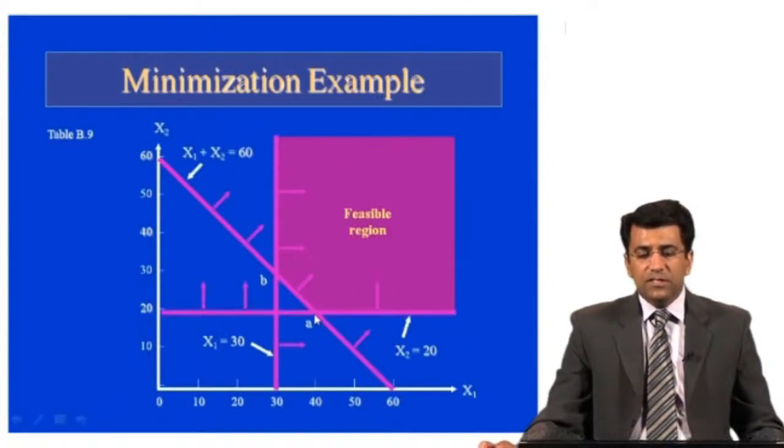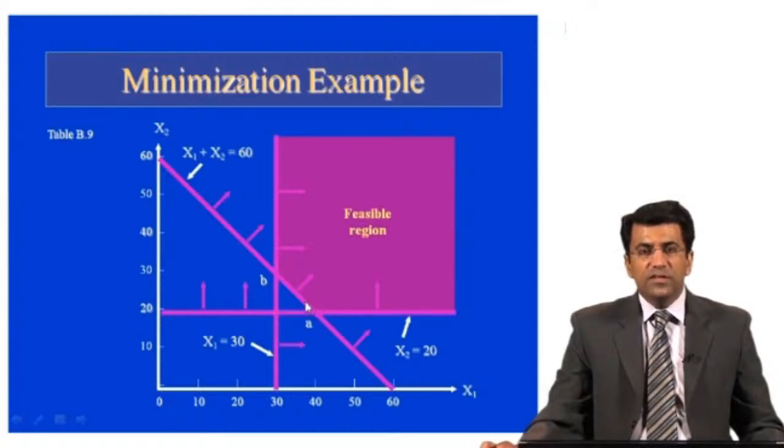Now you can see that point A is the intersection of the line where x2 is equal to 20 and the line where x1 plus x2 is equal to 60. This is the point on the y-axis where the value of x2 is equal to 20.